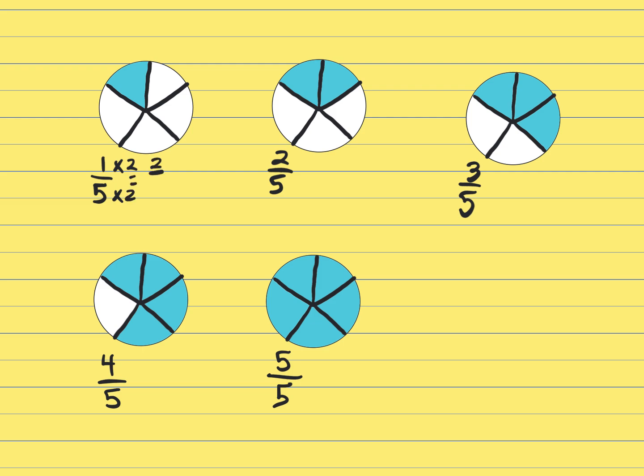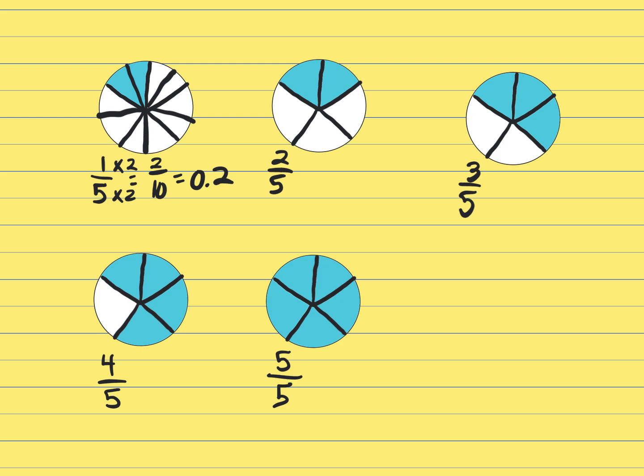So that would be 2/10, and that's 0.2. Also, if I look at my model and I cut my model into different piece sizes, well, now I'm modeling 2 out of 10 instead of 1 out of 5.